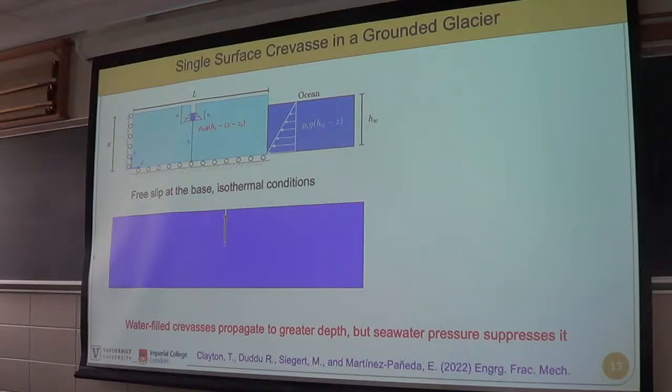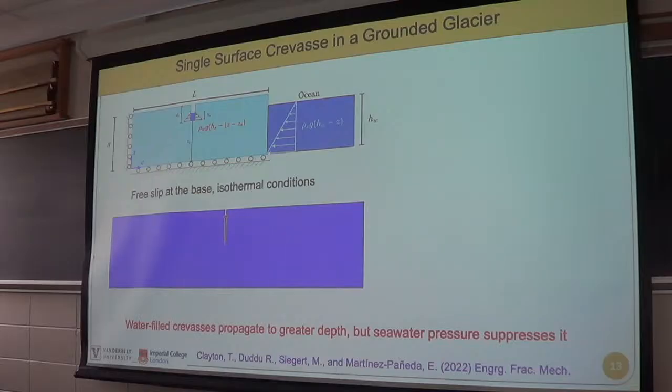So let's look at a simple idealized case where there is a rectangular glacier and we have a small fracture initially somewhere in midspan, and then we put a little bit of water in that crack to pressurize those fractures, and then it's in contact with an ocean that is providing some kind of compressive stress. Right?